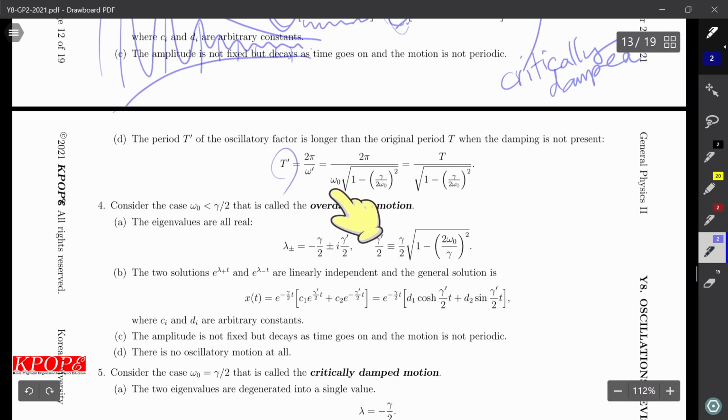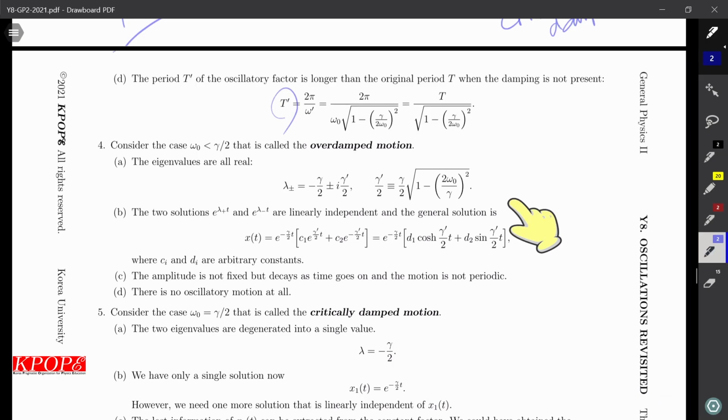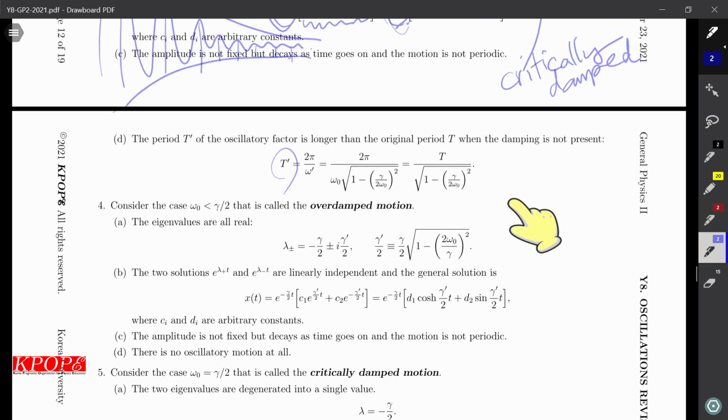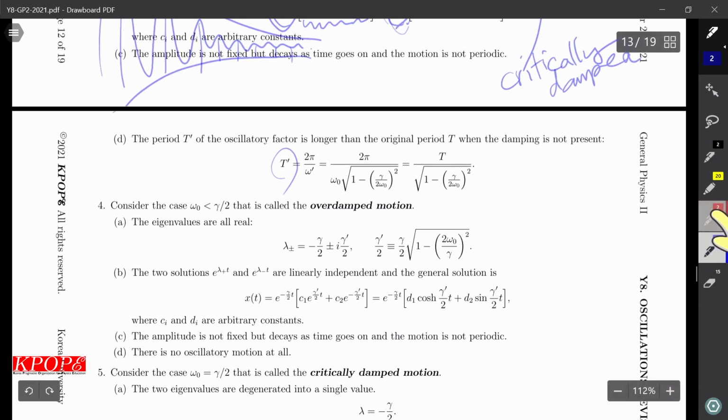For overdamped motion, there's no i. There's no i.